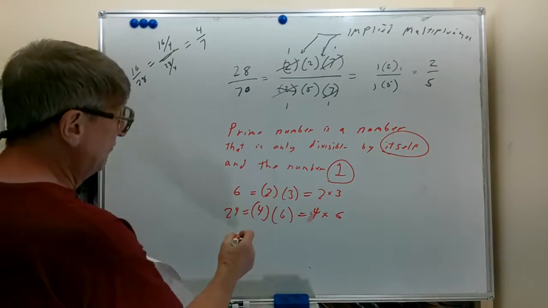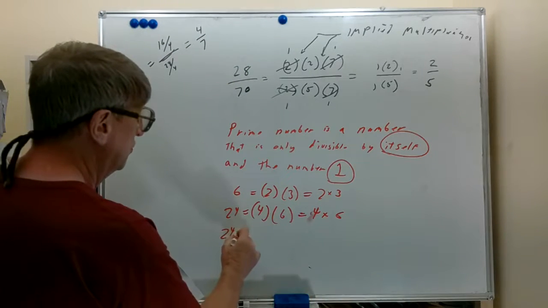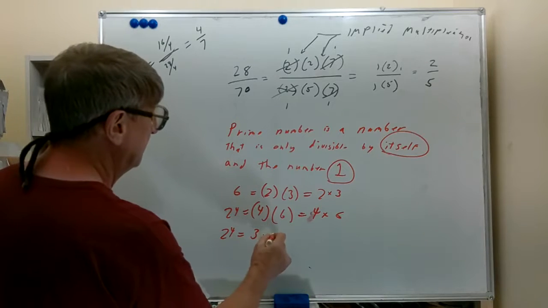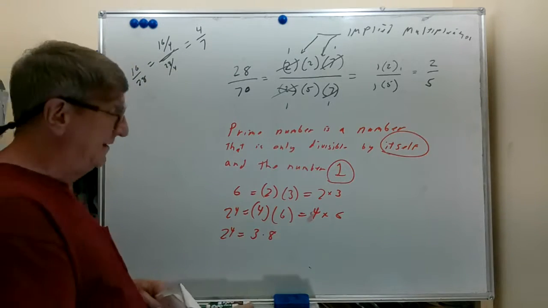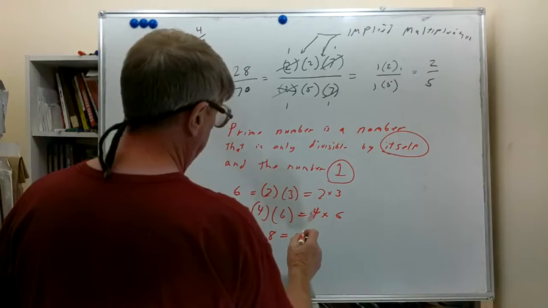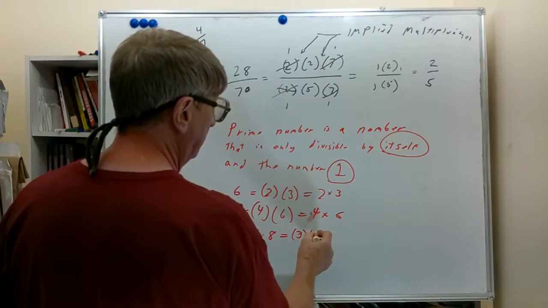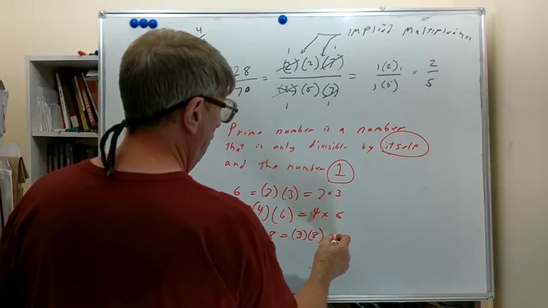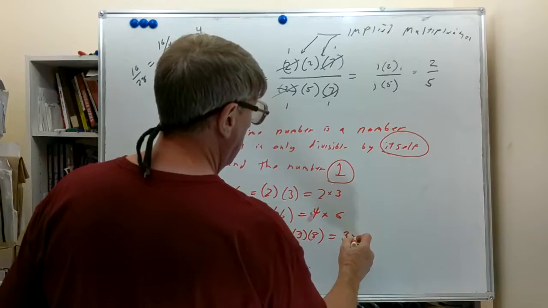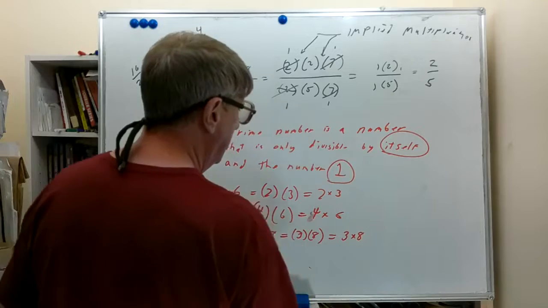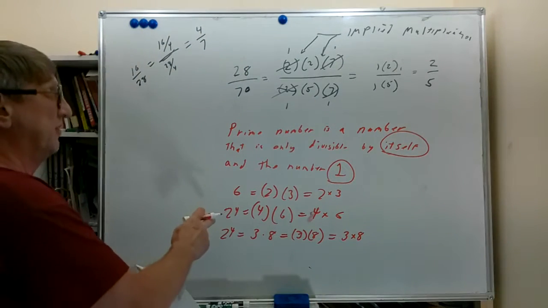Another way to write 24 would be 3 times 8. Sometimes we use a dot, or we'll use the parentheses form. But what we see here is that 24 is divisible by numbers.